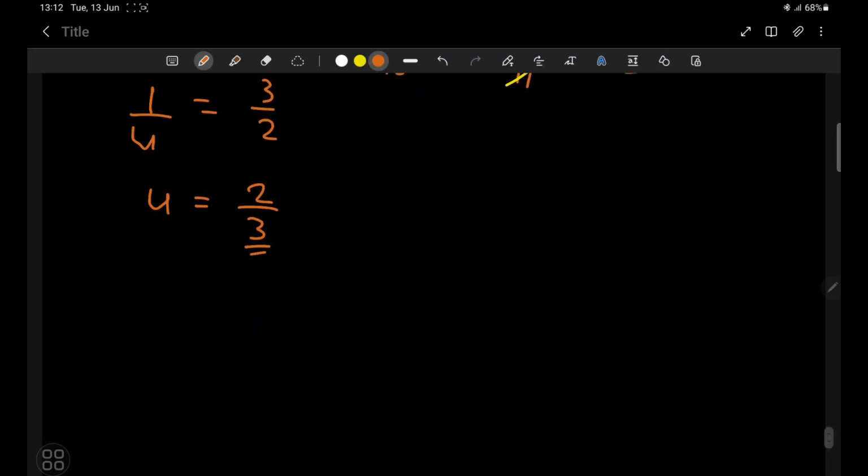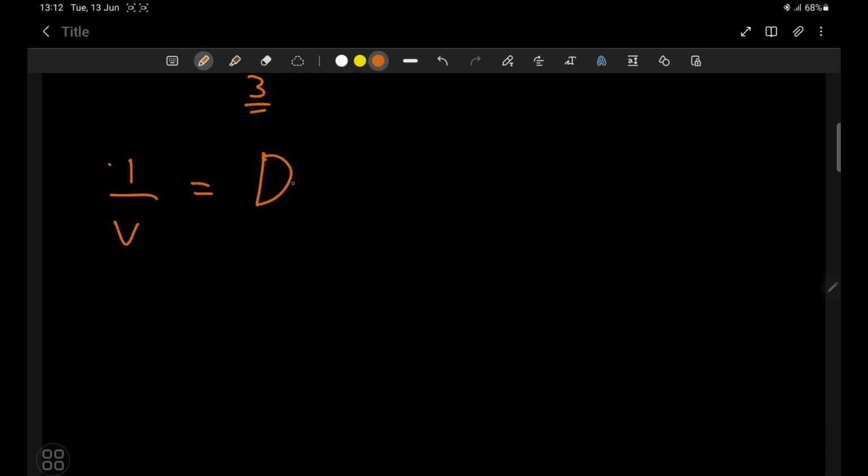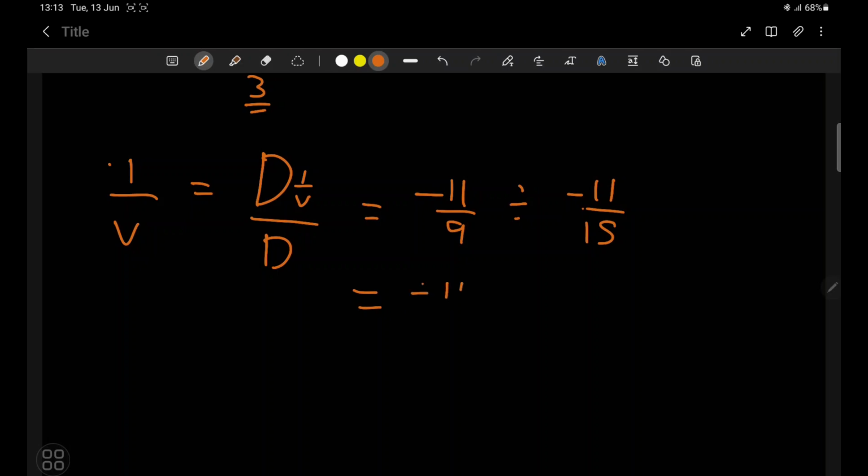Then we do the same for 1 over v. So 1 over v is D 1 over v over D. So 1 over v we said is negative 11 over 9. So this is dividing with negative 11 over 15. So that is negative 11 over 9 multiplied with 15 over negative 11.